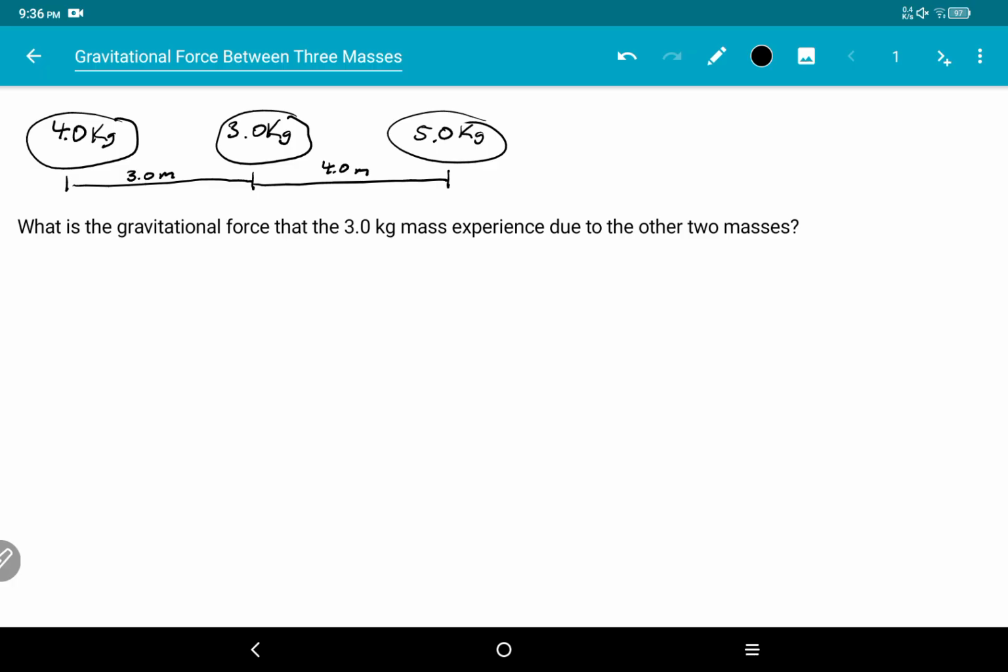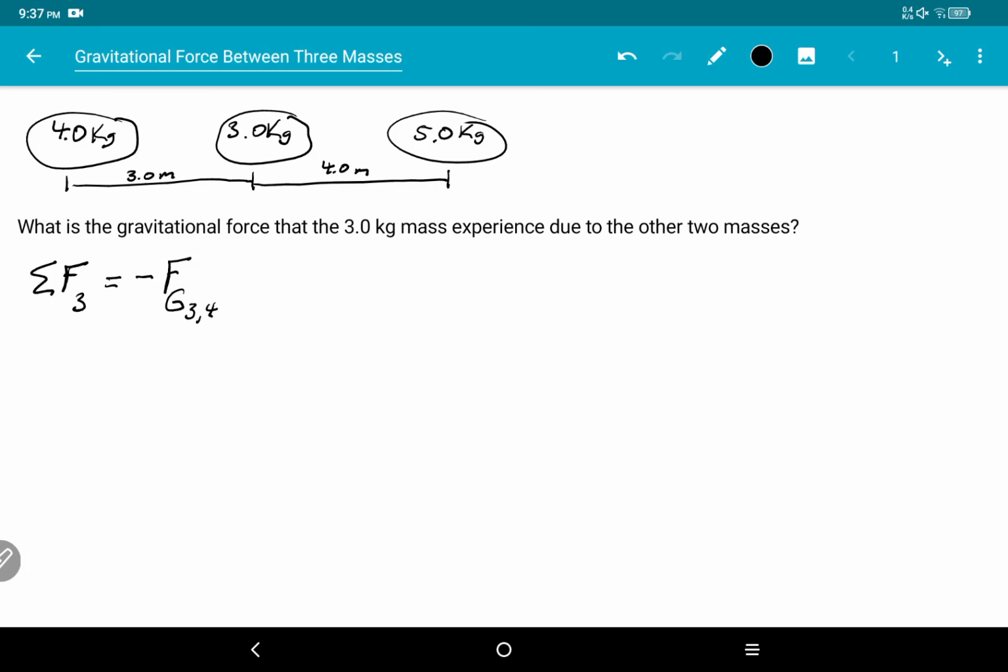So, to do this, we're going to take the net force on the 3 kilograms. If I were to let that 3 kilogram mass go, due to the 4 kilogram mass, it would move to the left. So this would be a negative gravitational force, and let's make this 3, 4, signifying the masses.